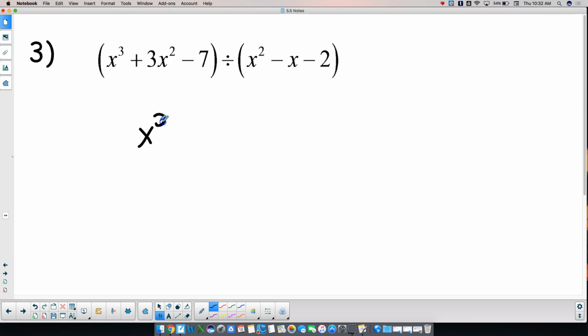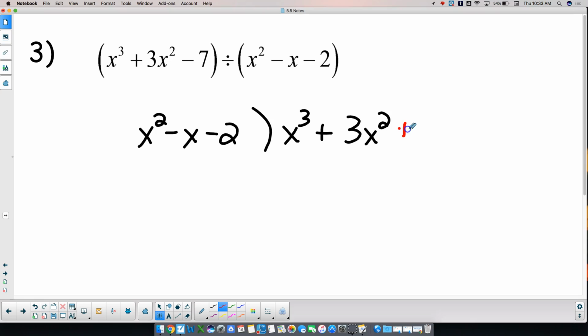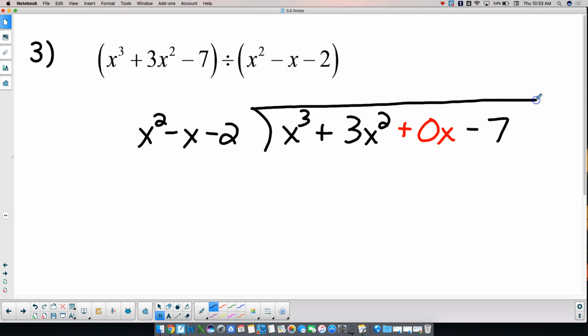So this problem is set up very much the same. I have to drop a placeholder of a 0x. Still trying to make the first look the same. So in this first one, I'm trying to make x squared become x cubed, and that's simply by multiplying by x.